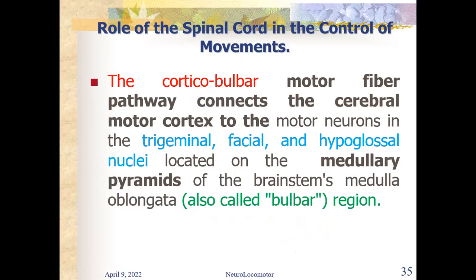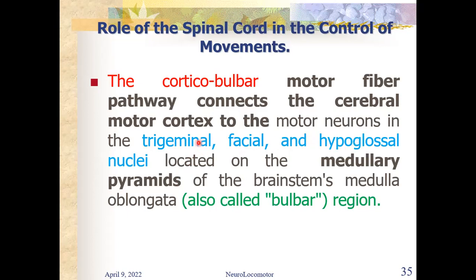So the corticospinal tract connects to neurons in the anterior gray horn of the spinal cord, whereas the corticobulbar tract makes connections with the motor nuclei located in the brainstem, and those motor nuclei give rise to nerves like the trigeminal nerves, facial nerves, and the hypoglossal nerves.